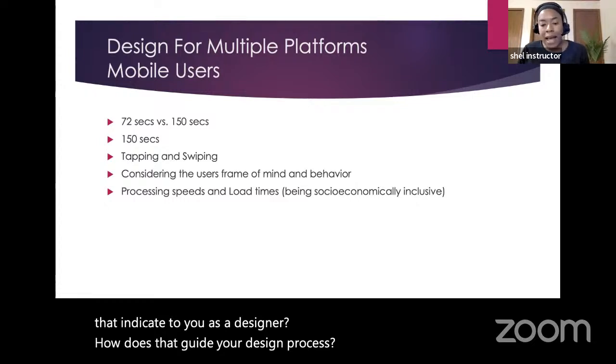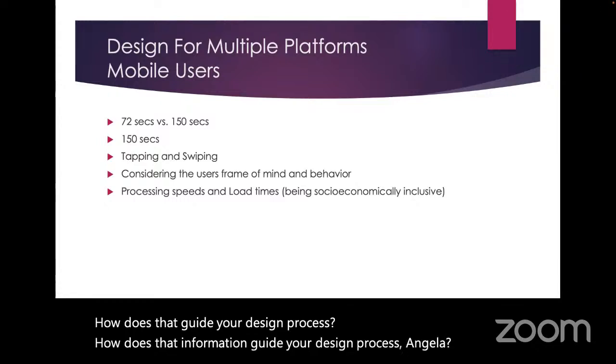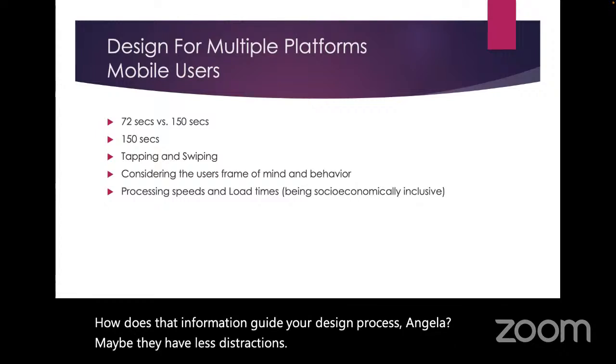How does that information guide your design process, Angela? I would say that, well, the initial first thought that came to my mind was that maybe they have fewer distractions if they're at a desktop, because they're actually sitting down in front of the computer.